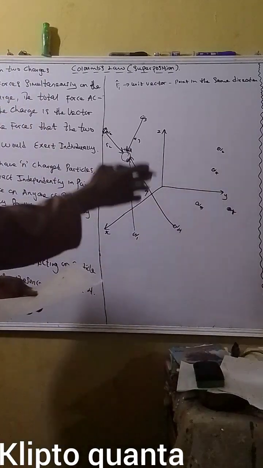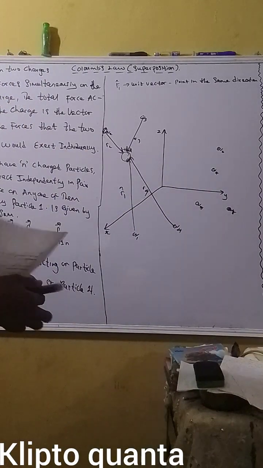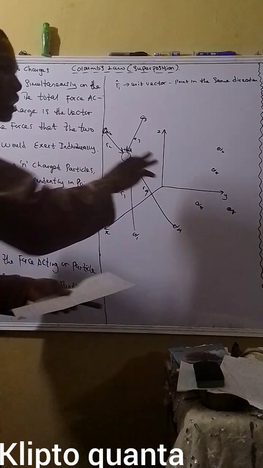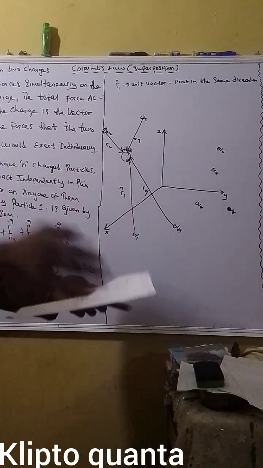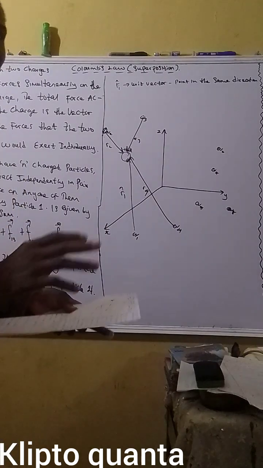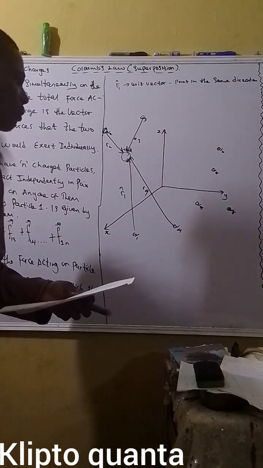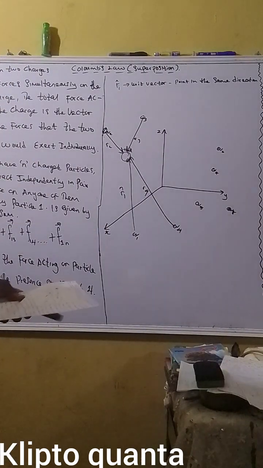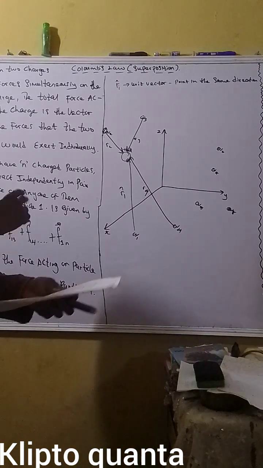So like that, they will all point. This is a theoretical thing, just me breaking it down for you. But on a normal theoretical level, the unit vector will point in the same direction. Now listen to something before I move to the definition and the particular thing we want to break down under superposition.